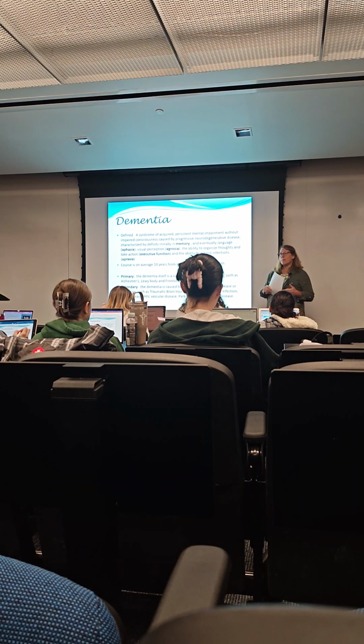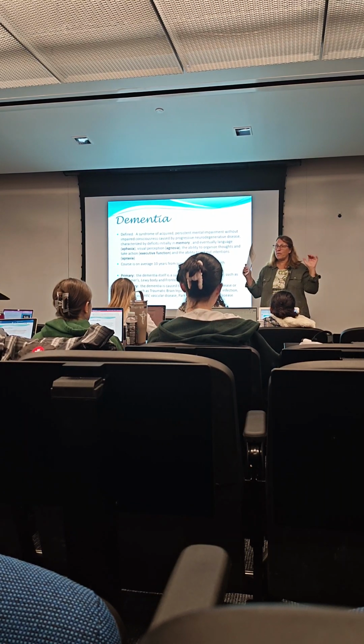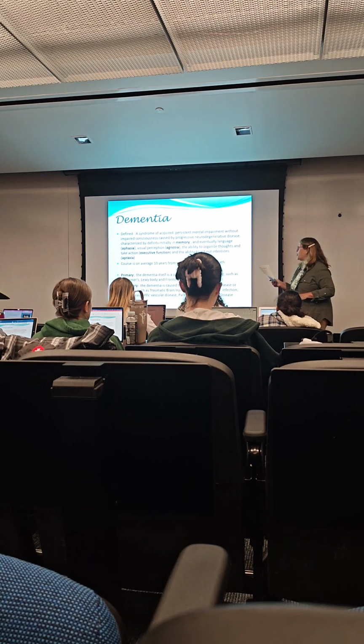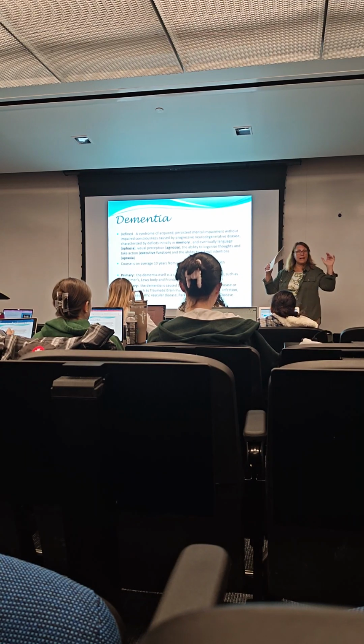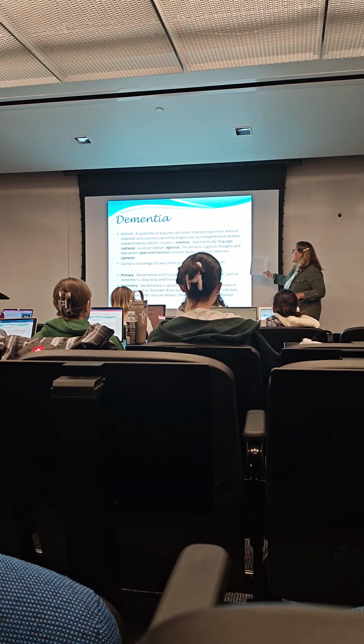And it's characterized by deficits in memory and eventually language, and those deficits are termed aphasia. Visual perception, and that's agnosia. The ability to organize thoughts and take action, executive function, and the ability to act out intentions.